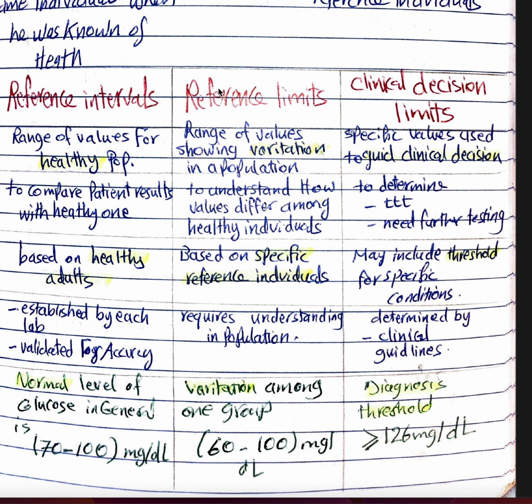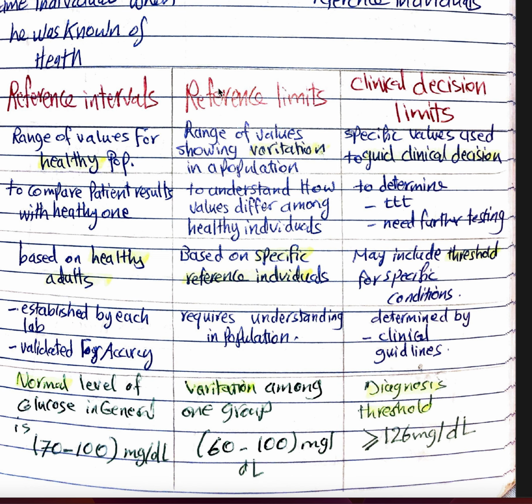Yeah, I know that. So I will make a special note to understand it. Reference intervals are just values for healthy individuals, and if a patient comes to me, I compare their results to the results from these healthy individuals. The reference limits: it may be a patient who for me is healthy, and I compare it to the healthy results from the group, and then I discover that it's a patient.